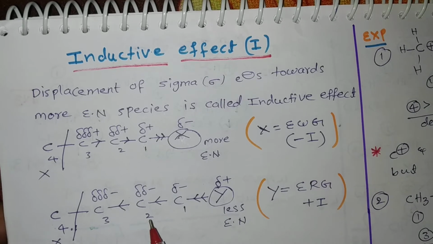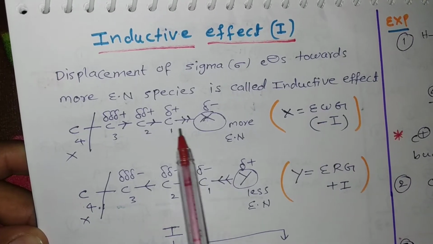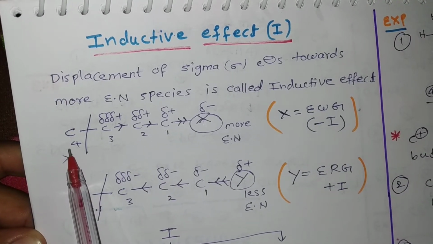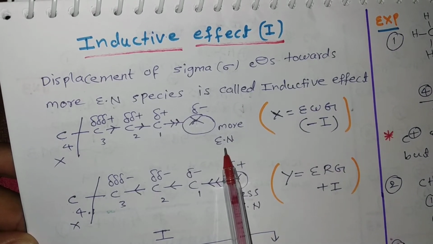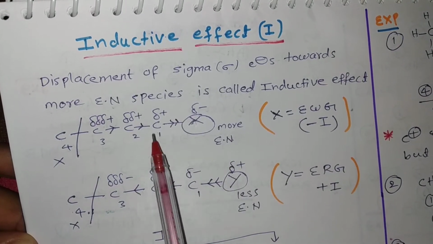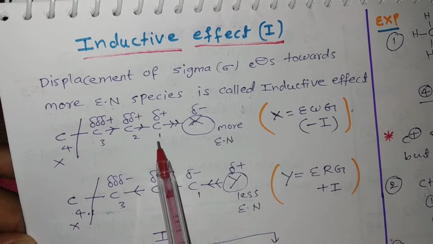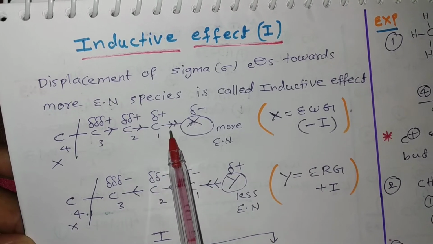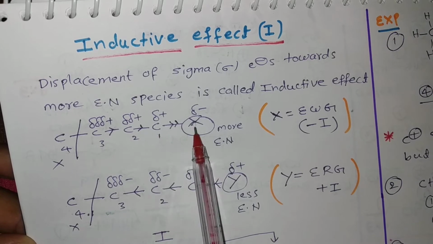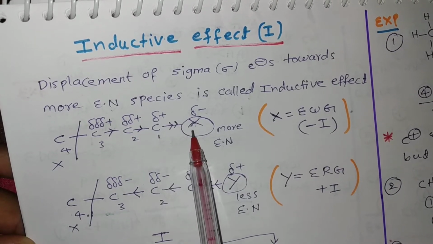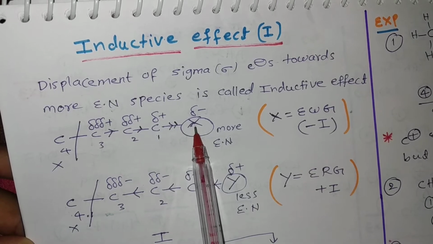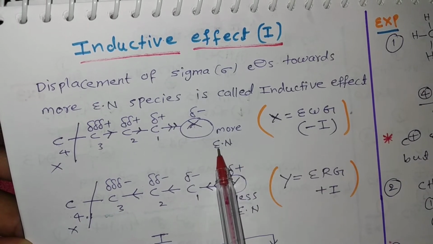For example, an X element is attached to the carbon chain. X has more electronegativity than carbon, and carbon has less. A sigma bond is present between the carbon and X, so the sigma electrons are attracted by the X element because of its higher electronegativity.